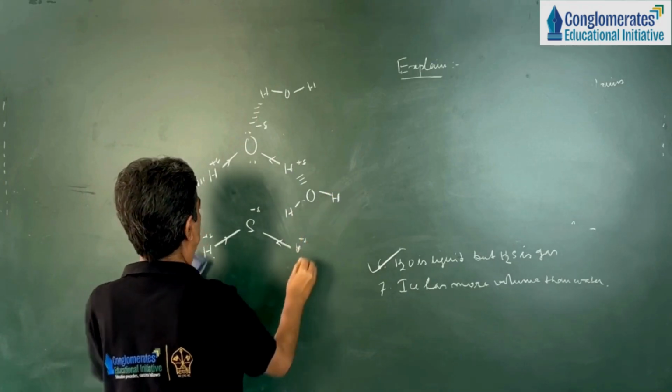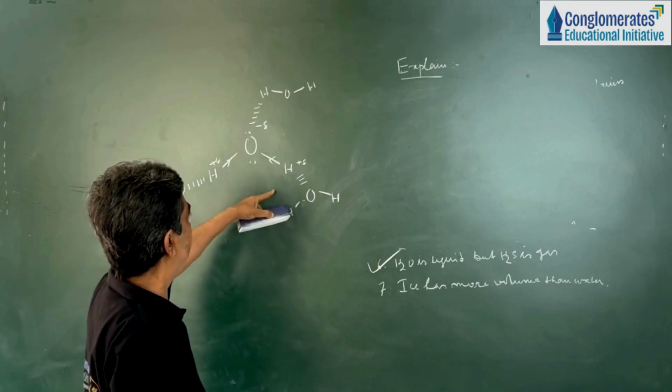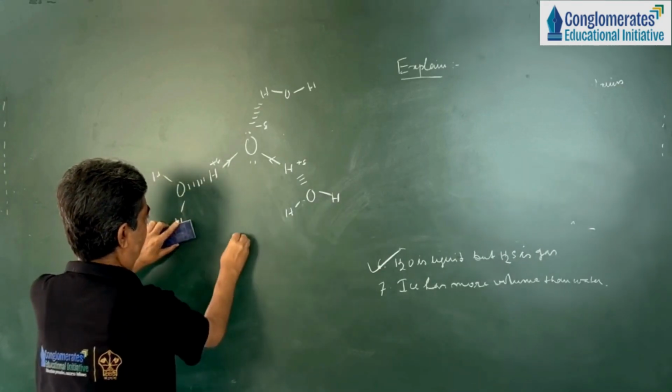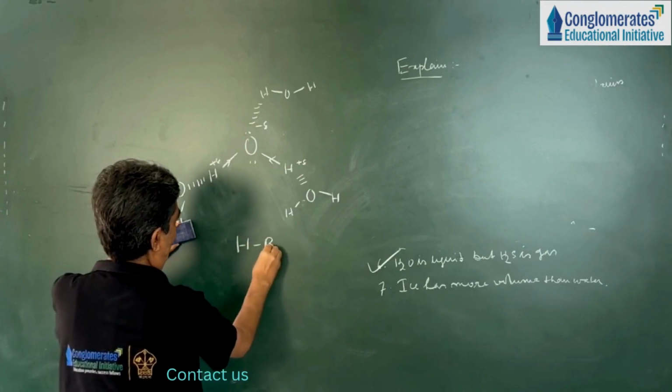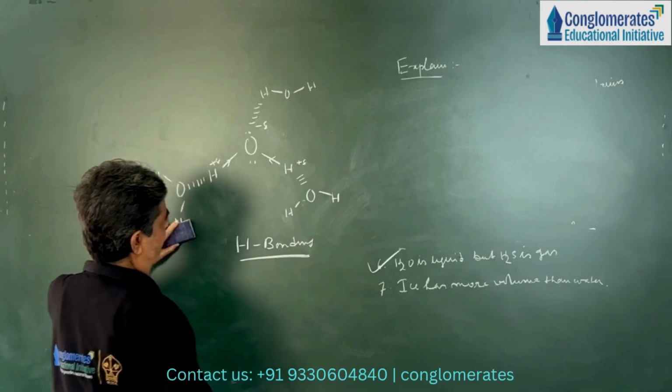Now, what is a hydrogen bond? A hydrogen bond is a weak electrostatic bond. What is that?